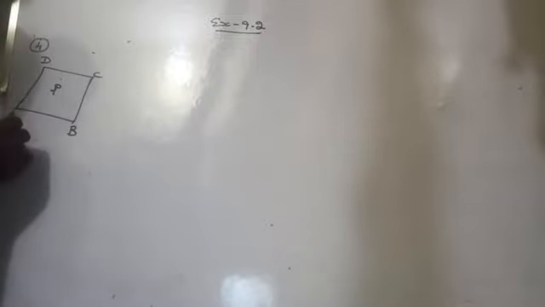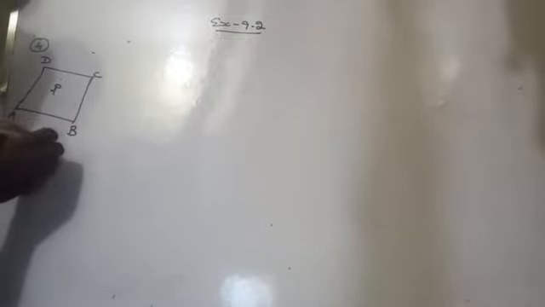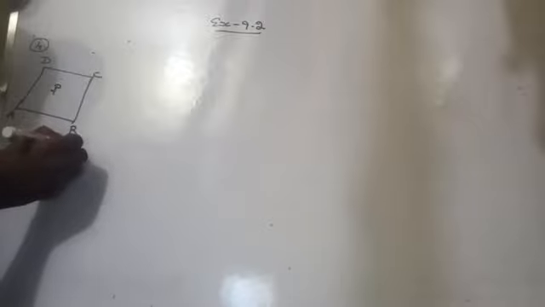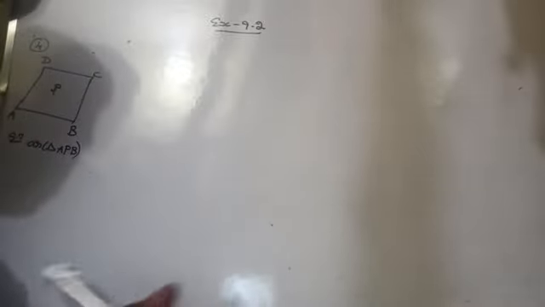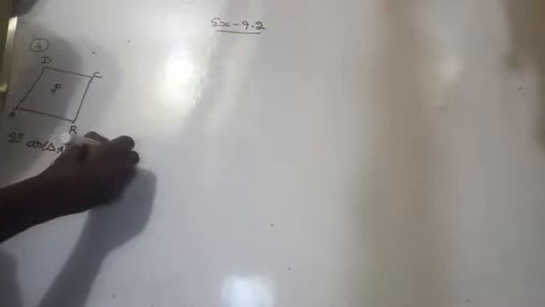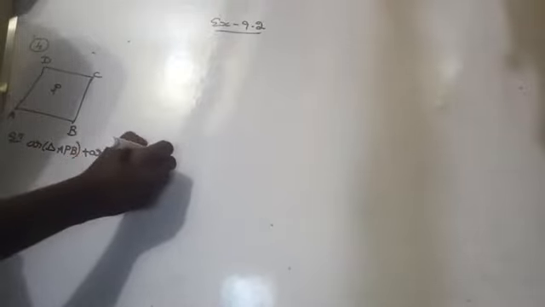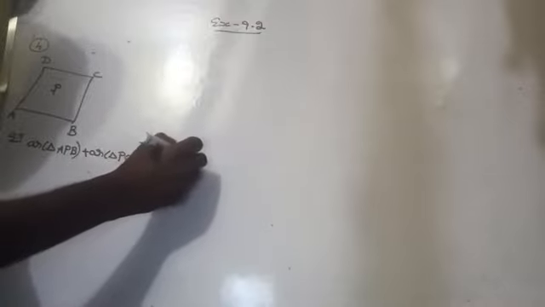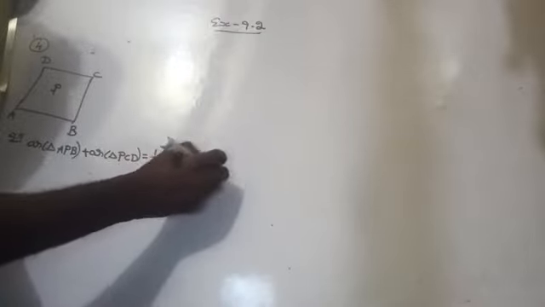So that area of triangle APB plus area of triangle PCD equal to half of area of ABCD. This is the first part you have to prove.